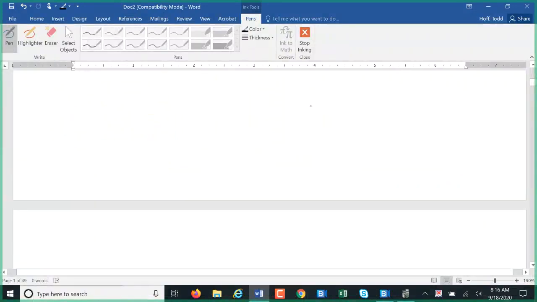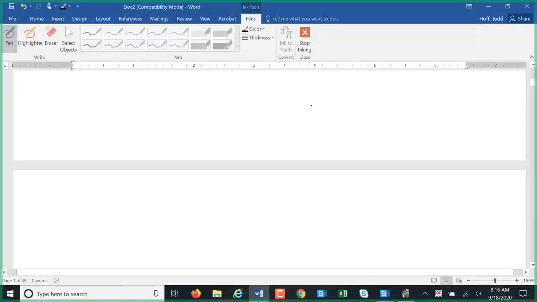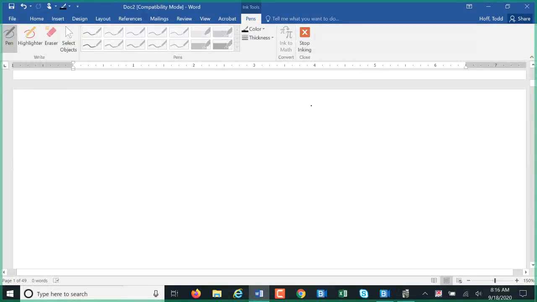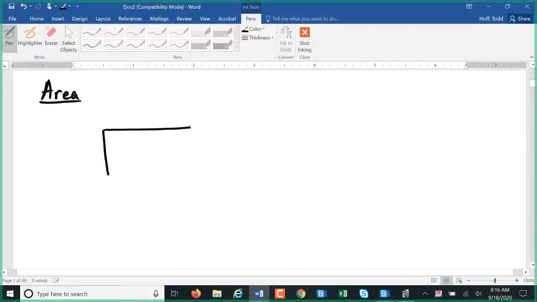Let's take a peek here at area in general, rather than just the units. Area of a rectangle. We will talk about these way more later on in the course, but for now we're just going to use the formulas.